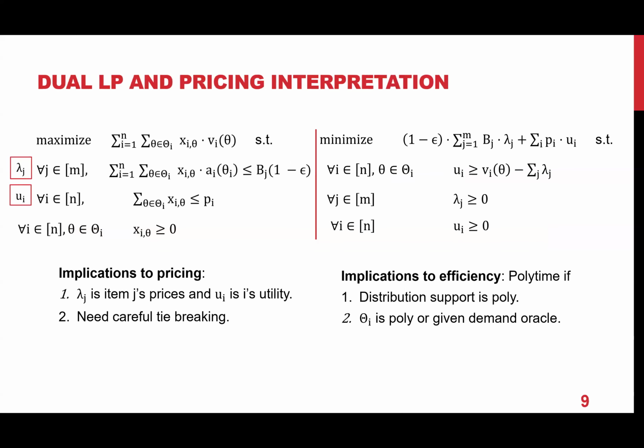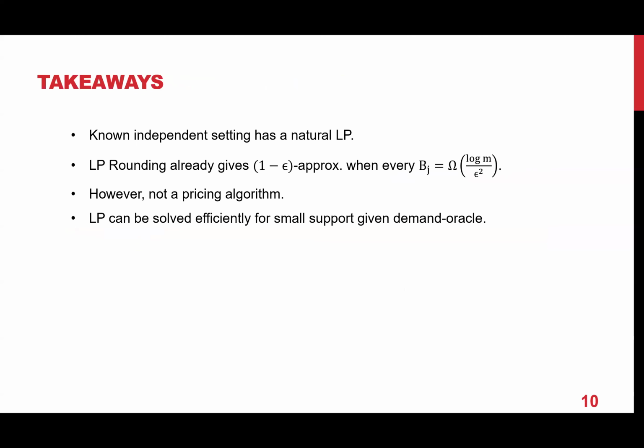So let me skip this slide. The main takeaway from this part is that if the distributions are known, then you can write a very simple natural LP and perform an LP rounding. It gives you a 1 minus epsilon approximation as long as the budgets are roughly 1 over epsilon squared. In this talk, I'll not care too much about log factors, so let's not worry about the exact dependency on log m. It's not a pricing algorithm.